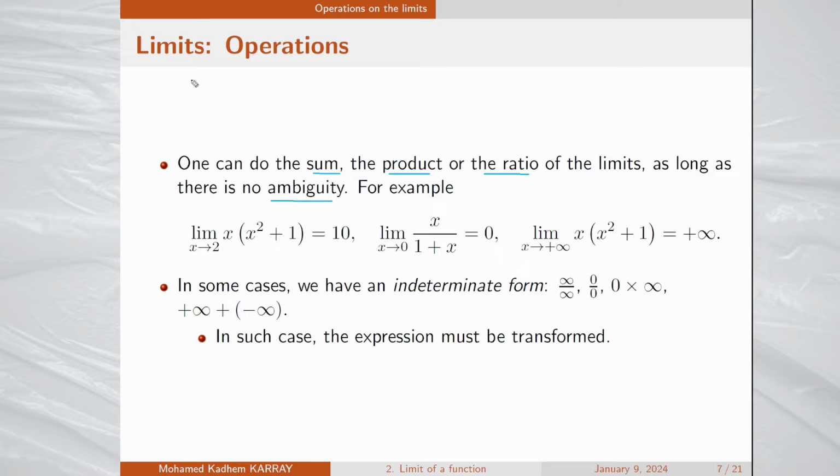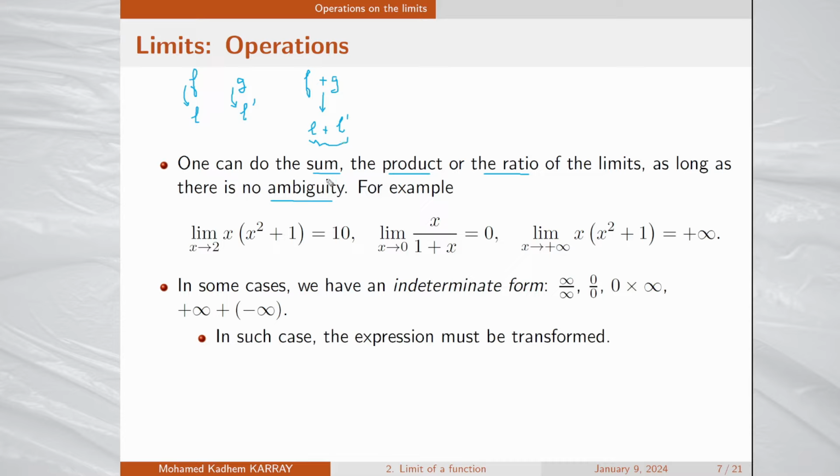For example, if you have two functions f and g, such that the limit of f is L at some point and the limit of g is L prime, so we have f goes to L and g goes to L prime, as for example x goes to some a, then the sum f plus g will tend to L plus L prime as long as this sum has a clear sense.